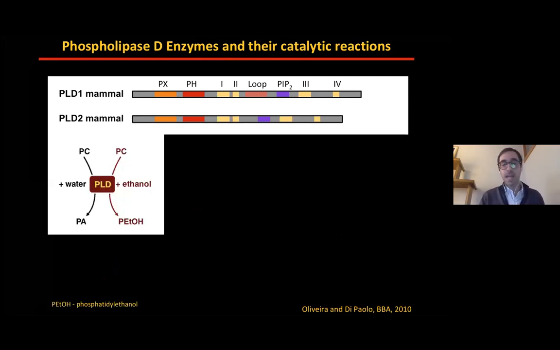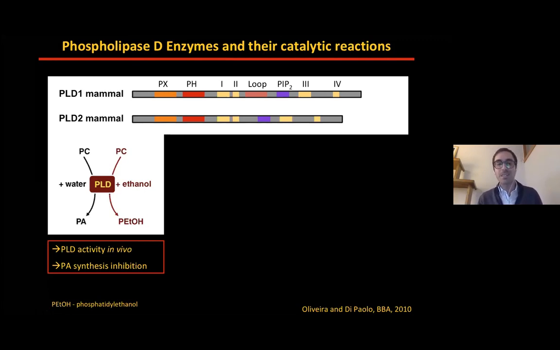In terms of their reaction, in normal conditions, PLD uses water to produce phosphatidic acid. However, PLD has this very particular characteristic that in the presence of a primary alcohol, such as ethanol, it preferentially uses it to produce a specific lipid called phosphatidylethanol. And this has been used, for instance, to measure PLD activity in vivo.